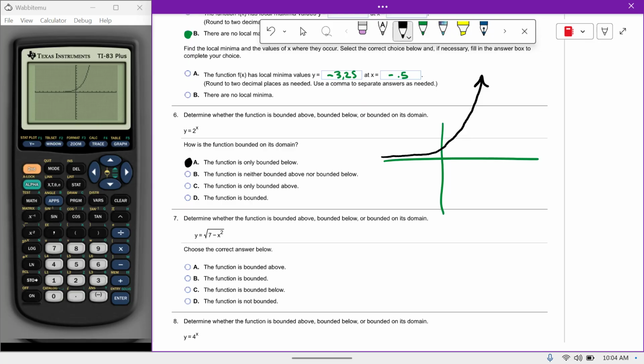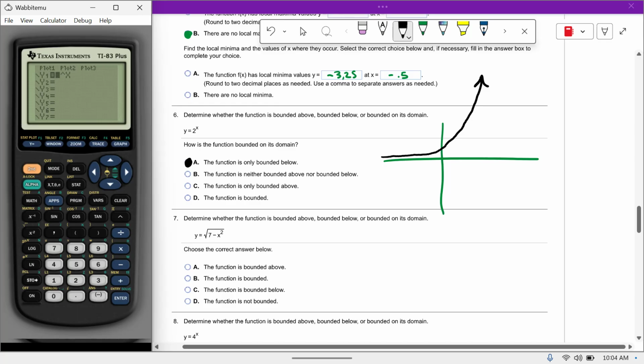Number 7. Clear. Second, square root of 7 minus x squared. Close the parentheses. Graph.